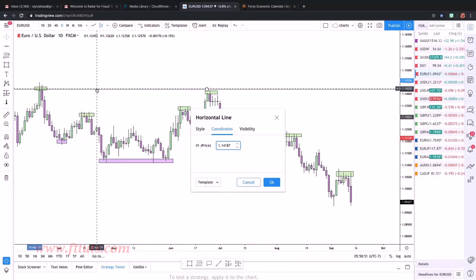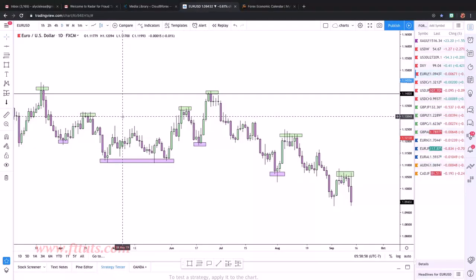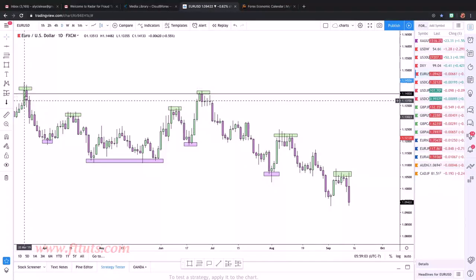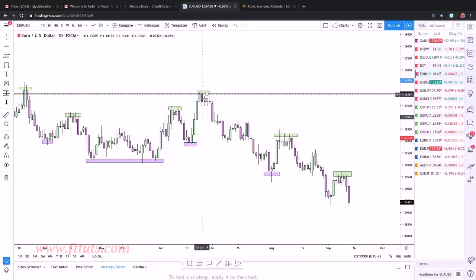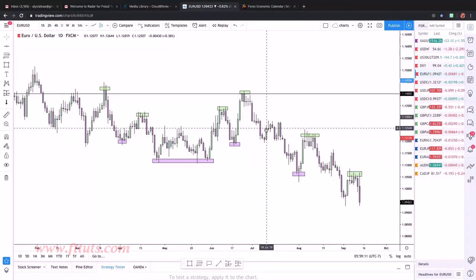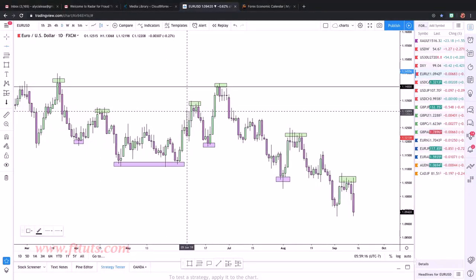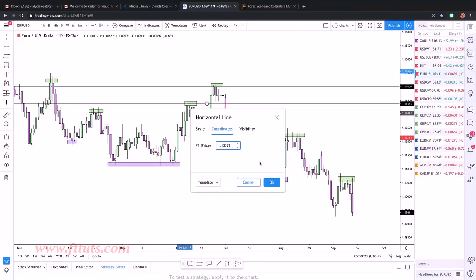So we're going to go to 1.14000. Okay, so that works because what happened is we kind of had a fake out and then we had a bearish close right below. And then this one respected it totally, and so did this. So 1.14 is a good number. 1.1375.